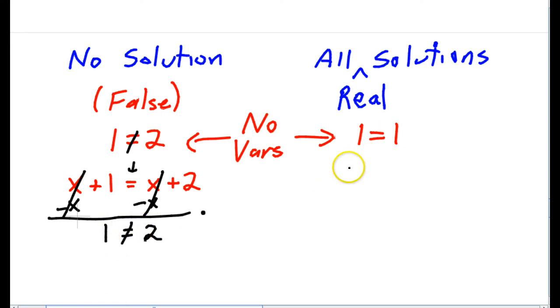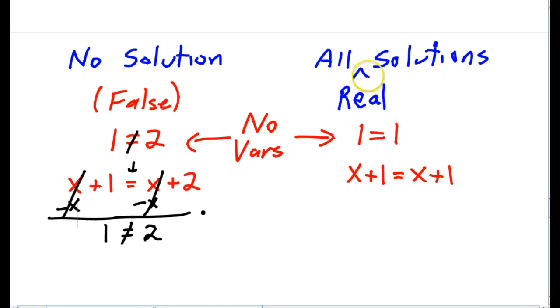Over here, very similar. What happens if there's what number plus 1 equals that same number plus 1? So here, 5 plus 1 is 6, 5 plus 1 is 6. Oh, 5 is an answer. But 10 plus 1 is 11, 10 plus 1 is 11. 11 equals 11. 11 is an answer.